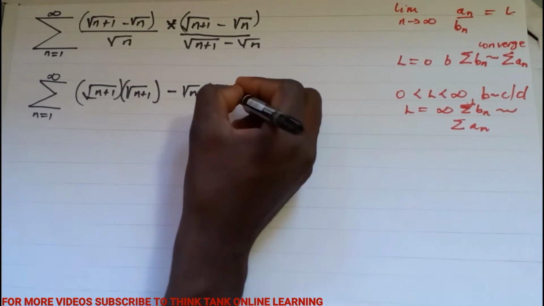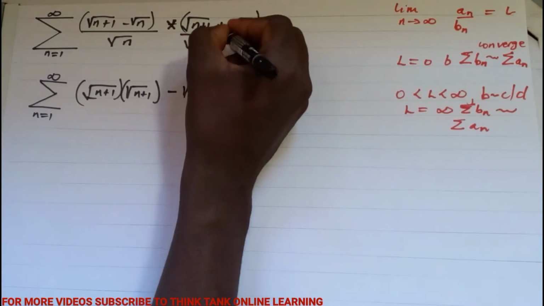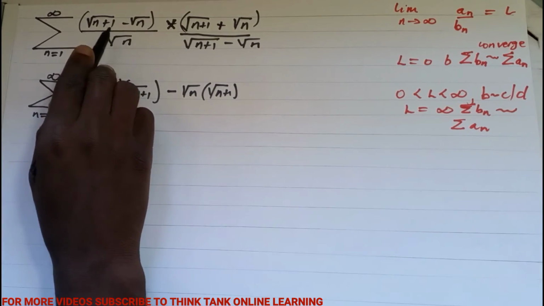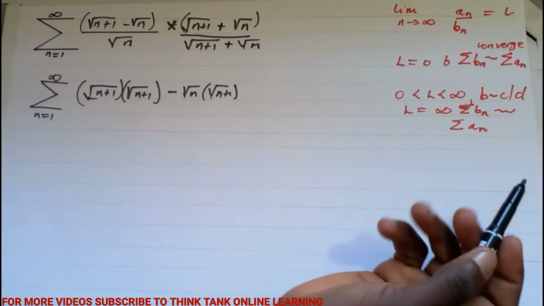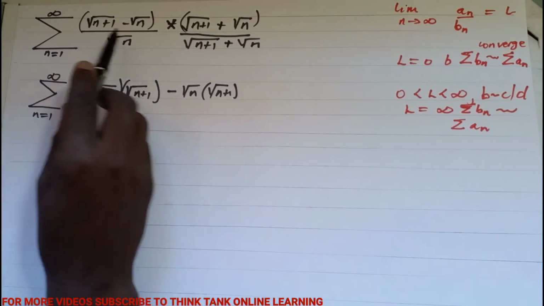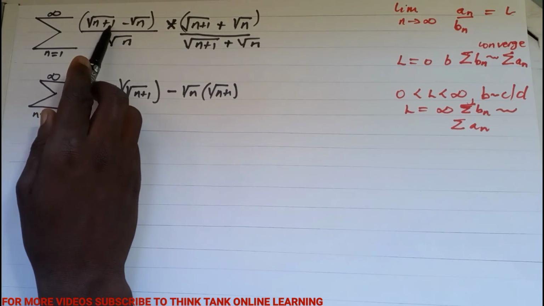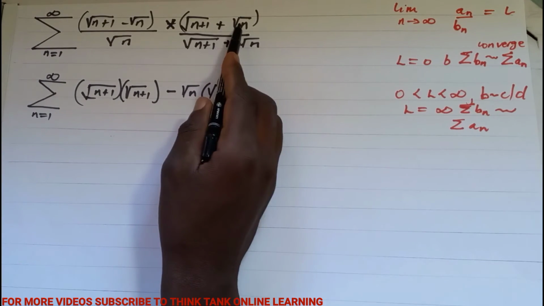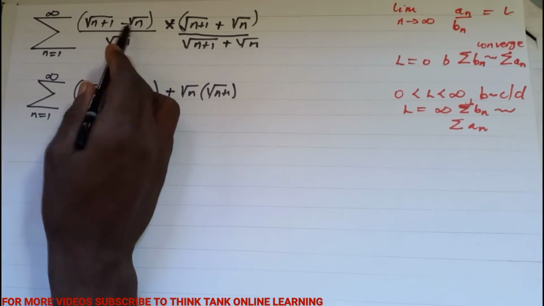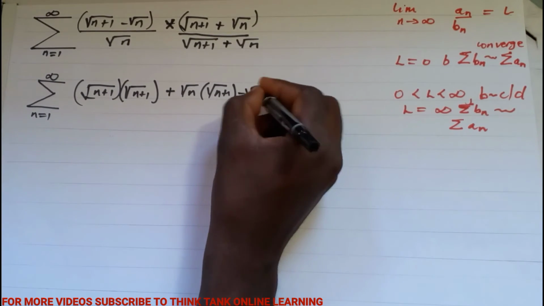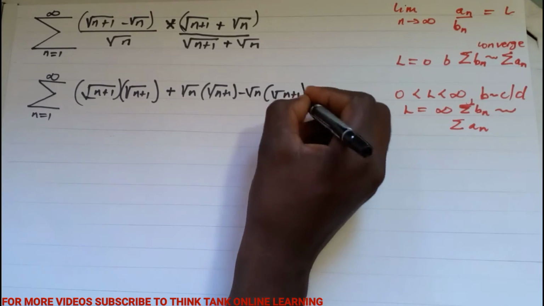I'm just expanding. I should have multiplied by positive here so that I can have 1 on the numerator by plus 1. And if you do that, we're going to see here this is going to be root n plus 1 times root n plus 1. Then root n plus 1 times n plus 1. So this should be positive. And now we have negative root n times root n plus 1.